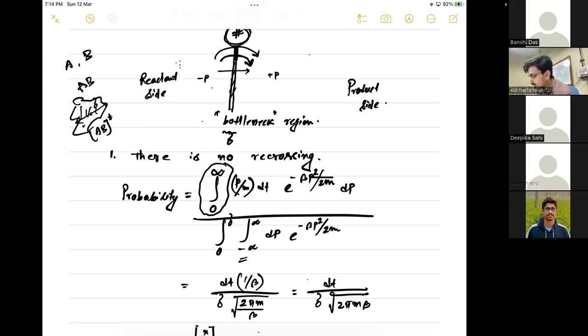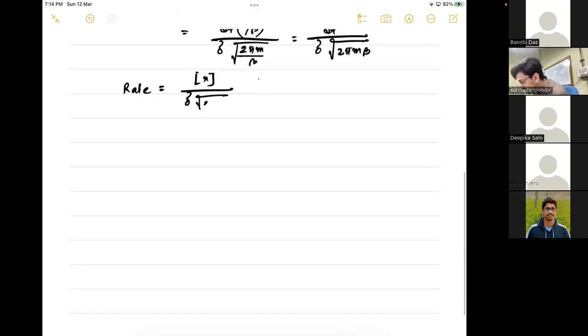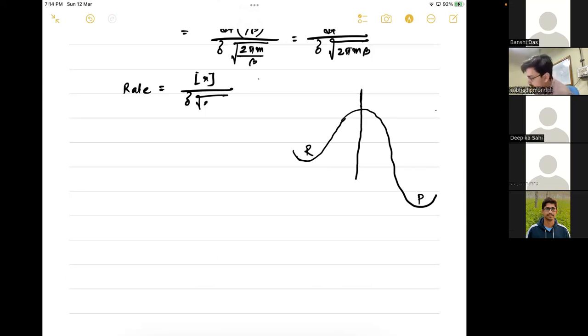Or you can say the bottleneck region. Crudely, if you see a one-dimensional potential energy surface, this is the reactant, this is the product. Here you see this index 1 saddle point, which you call the transition state or the dividing surface.